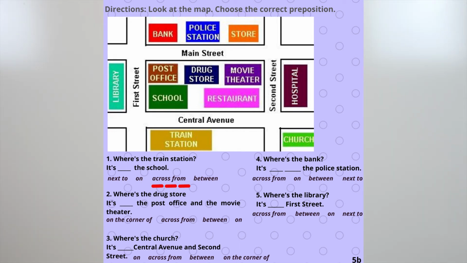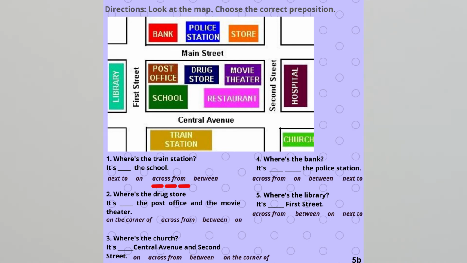Let's do the next sentences on your own. Pause the video and write down your answers. When you've completed your questions and answers, then hit play and you'll hear me give you the correct answer. Go ahead and pause your video now.